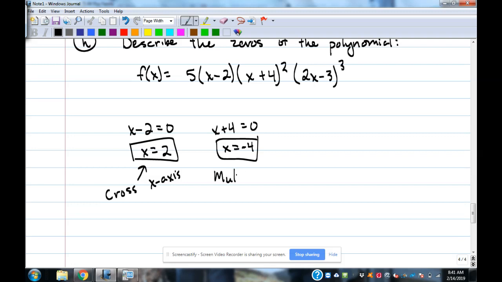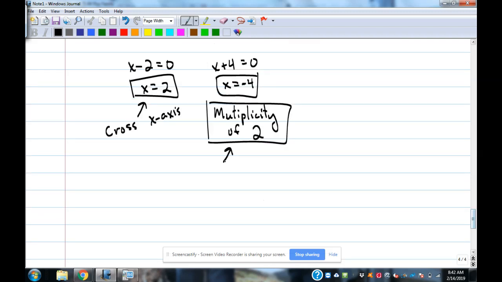And it also has a multiplicity of 2. Because it has a multiplicity of 2, it touches the x-axis. It doesn't cross it, it touches. Bounces off is how I usually look at it when we look at the graph. If it's got an even multiplicity, it's going to either come down, hit the x-axis and bounce back off, or come up, hit the x-axis and bounce back down. Okay. So it touches the x-axis if it's got an even multiplicity.